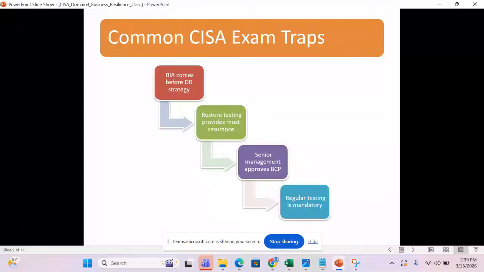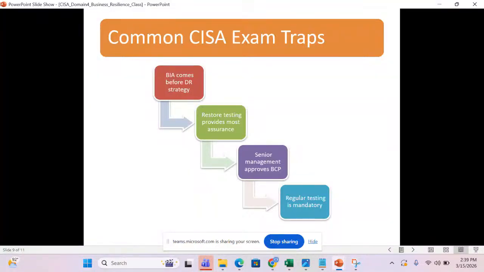Now, the next exam trap that normally happens around business resilience is that you need to know that restoration testing provides the most assurance. Another question might say, which of these will provide you more assurance in business resilience?